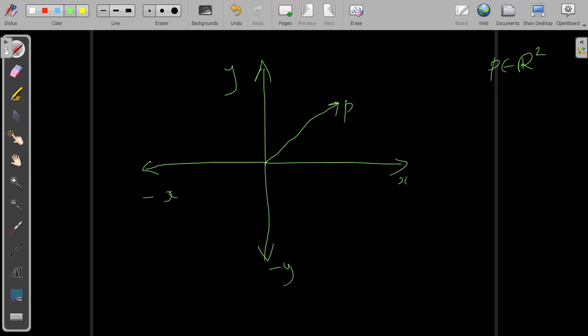We know that we can resolve the vector OP into two vectors which are perpendicular or orthogonal to each other.